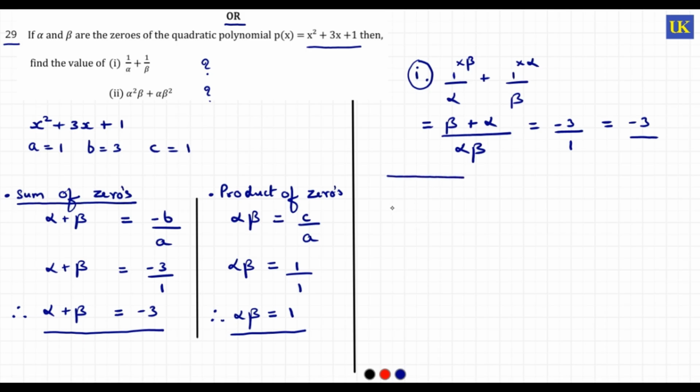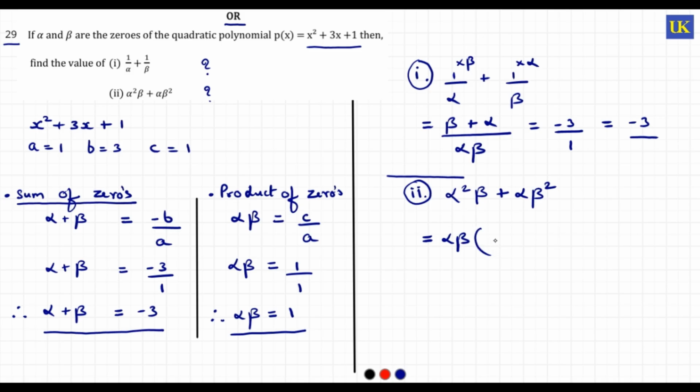Now we will see the second question. Here they are asking alpha square beta plus alpha into beta square. We'll solve it further. Here we have alpha, here also beta, here also beta. So why don't we take alpha and beta common?